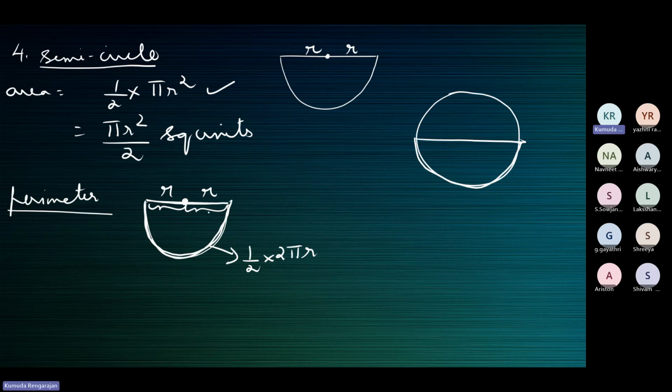The perimeter of the semicircular region is nothing but the length of its boundary, which is pi r plus r plus r. So pi r plus 2r units, or 2r plus pi r. If you take r common, you get r times pi plus 2 units.